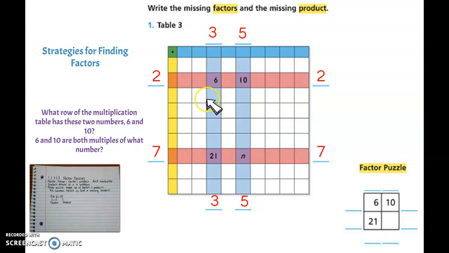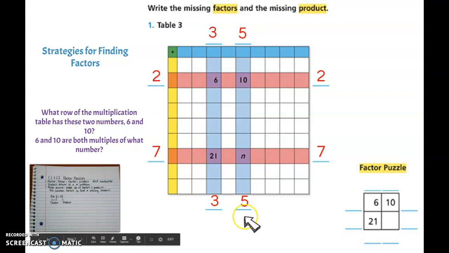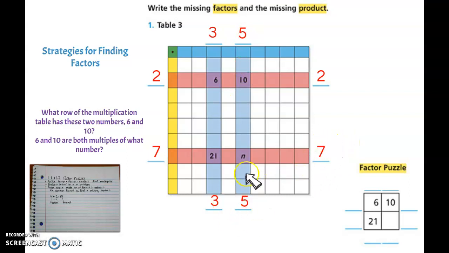We would think the same thing this way. 6 and 21 are both divisible by 3. 10, we knew that 2 was a factor of 10, so 10 divided by 2 is 5, or 2 times what gives me 10, and that would be 5. So that's how we come up with our unknowns right here, and then our missing product will be the product of these 2 numbers.